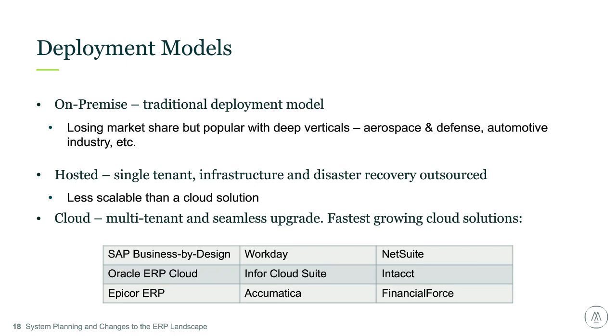The traditional model used to be one where the ERP system and its servers and the entire infrastructure related to it are situated and maintained in-house, and that is the on-premise deployment option. This deployment method is rapidly losing market share. The trend we see is more and more organizations moving towards the cloud deployment model, which we'll talk about subsequently. And they're doing this in order to save cost.